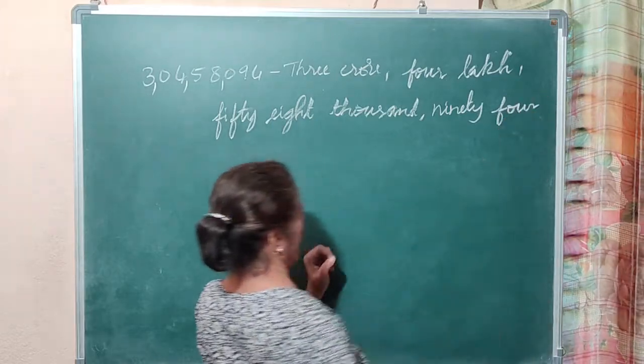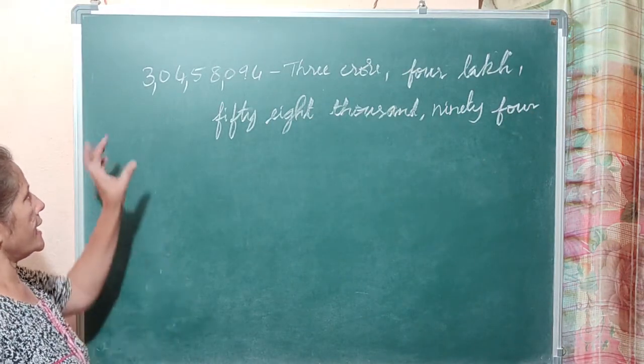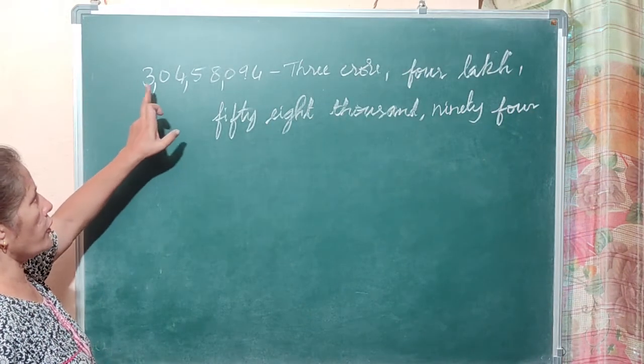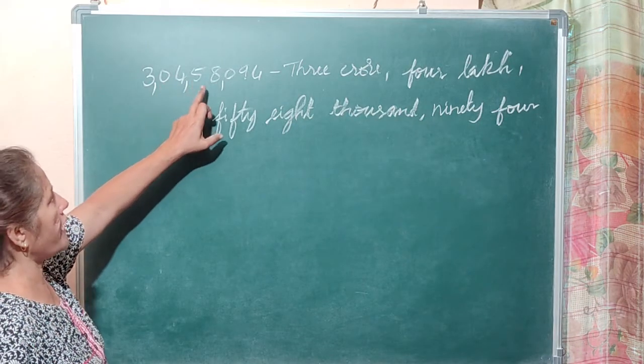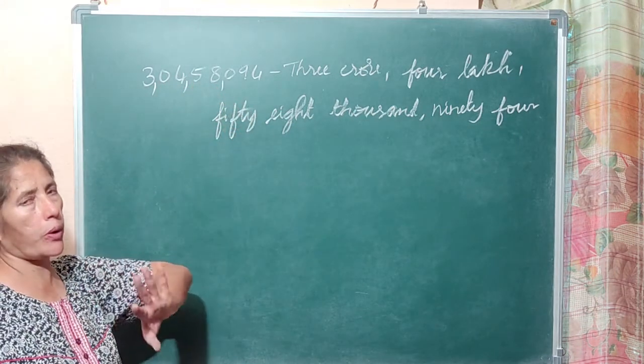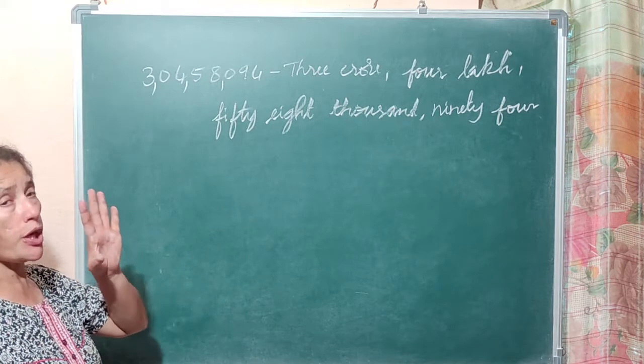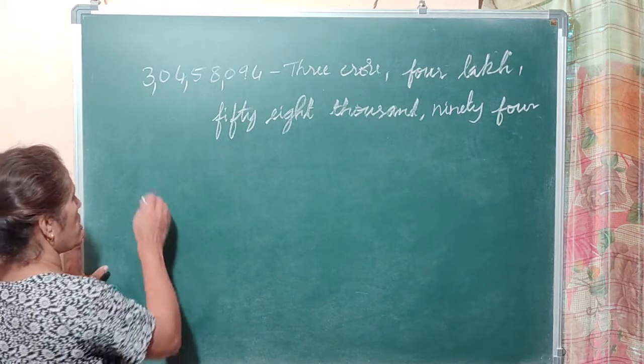So we wrote correctly in words: 3 crore, 4 lakh, 58,094. Now you have to write using the place value chart.